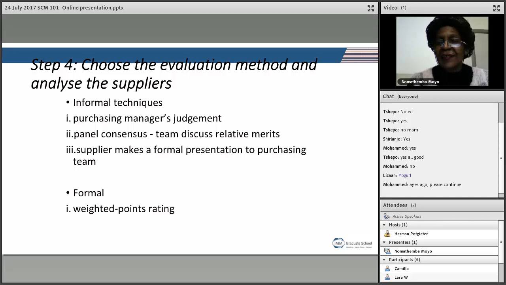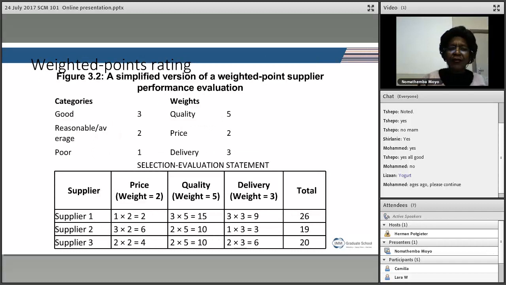Panel consensus, where you come up with a team and discuss relative merits. Then the supplier makes a formal presentation to the purchasing team. You invite the supplier to come and make a presentation, and you ask them questions. For the formal ones, you write criteria and put weighting, like 3 out of 5.